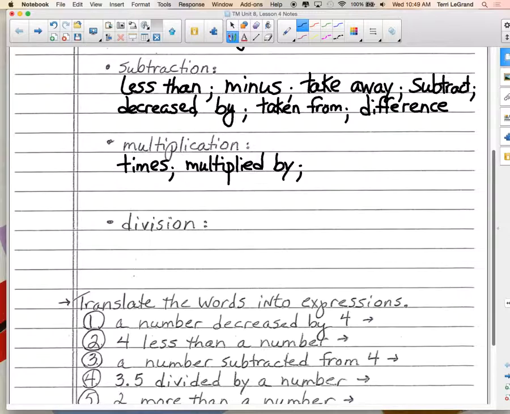What if they said something like this: 8 separate groups of 4, and they asked you how many there were of whatever they were talking about. Let's say candy bars, and they had 8 separate groups of 4. What would you do to figure out how many candy bars there are? You multiply, wouldn't you? Okay, so I think we could do that. Separate groups of. Now notice I didn't say separated.